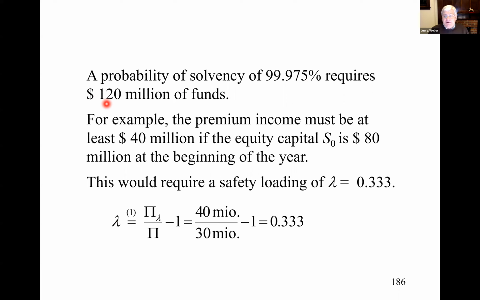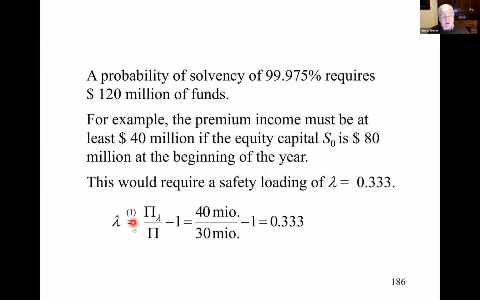So for example, if your initial capital at the beginning of the year is 80 million, then your premium income should be 40 million. I just make here an assumption. Let's assume we have 80 million at the beginning of the year. Then you need an additional 40 million, and that you get through the premium income. That's a premium income that you have to charge. And this will require a safety loading of 33.3%.